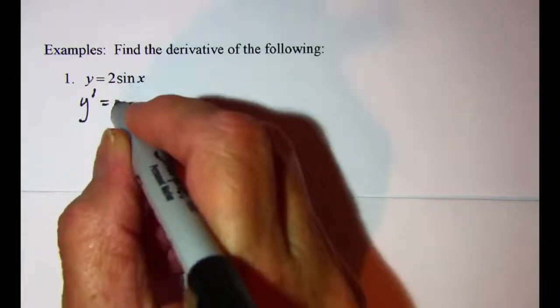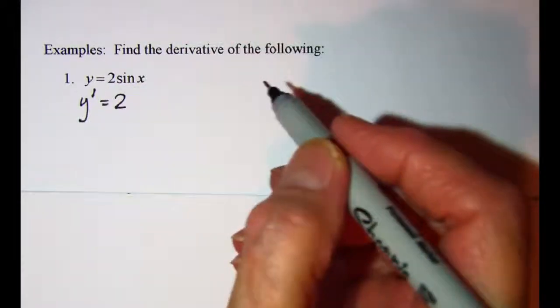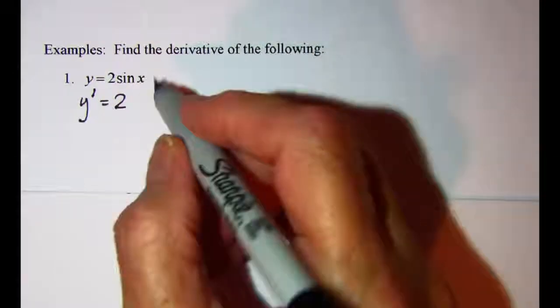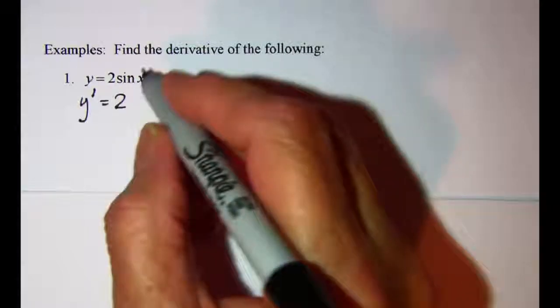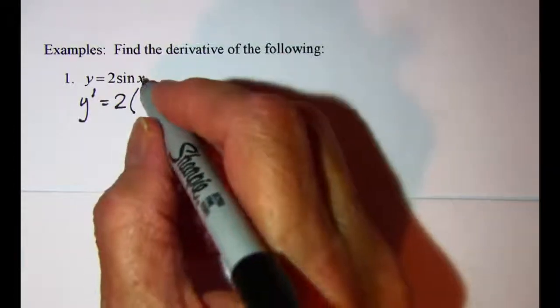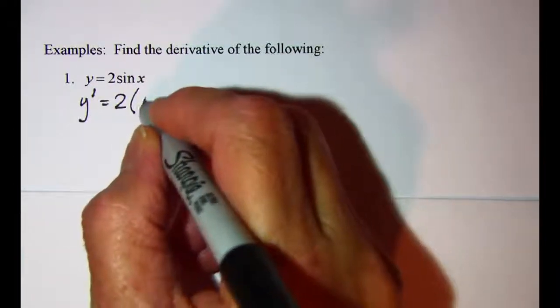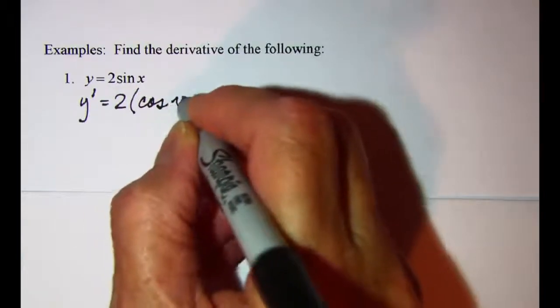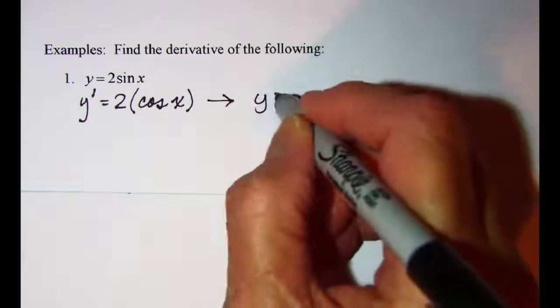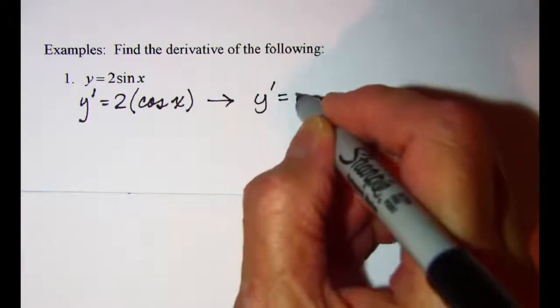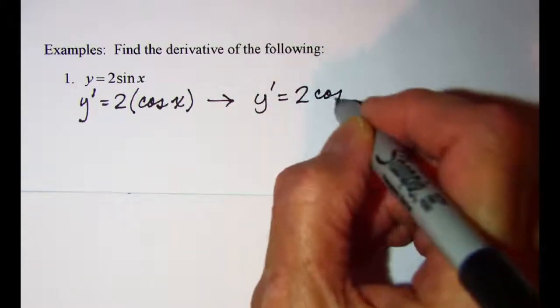Again, the 2 is not going to come into play except to be multiplied by the derivative of sine x. And we know the derivative of sine x is cosine x. So our derivative of my y function is 2 cosine x.